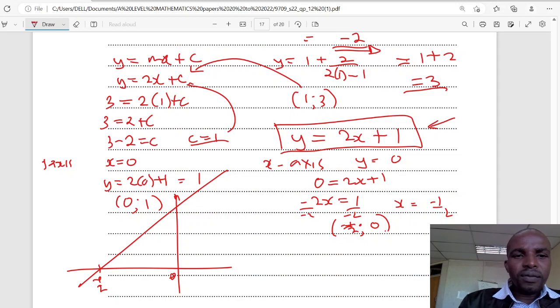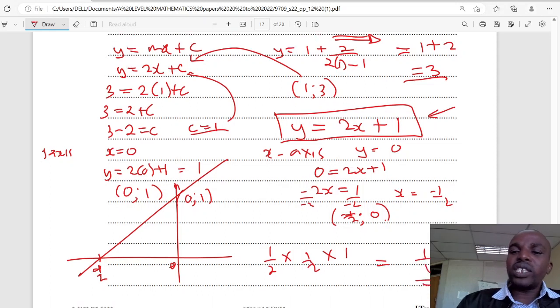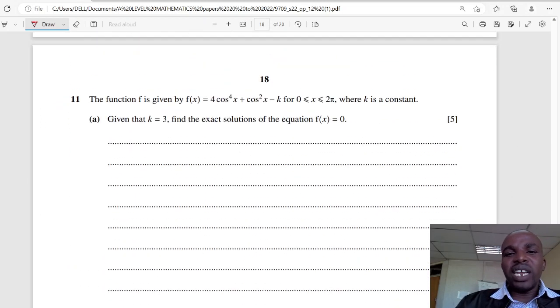Then x is 0, y is 1. Then the area of the triangle, you find the mark. So it's just half base times height. So it's half times base times height is 1. Then what we get here? You must get 1 over 4 square units. Like that.